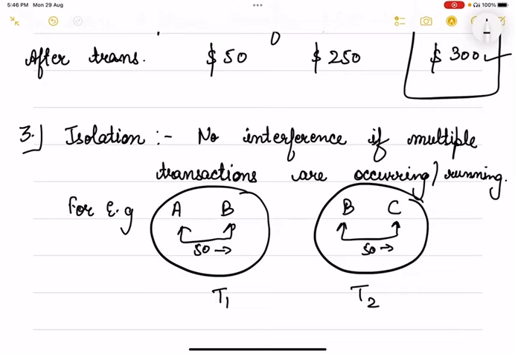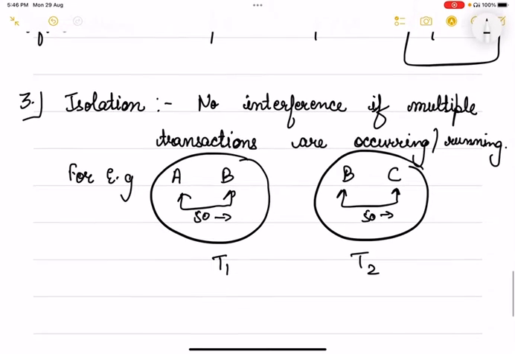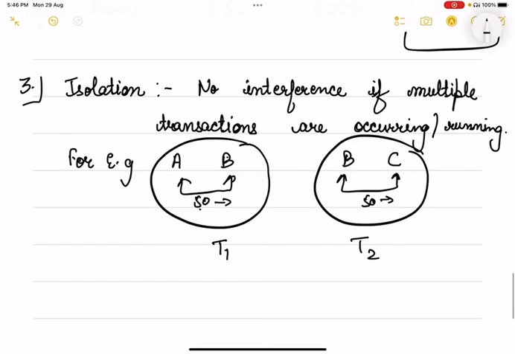If A is sending 50 to B, it will send 50 to B, it will not send 50 to C directly. If B is sending $50 to C, it will send $50 to C. T1 will have no interference in the transaction T2. So this is about isolation.